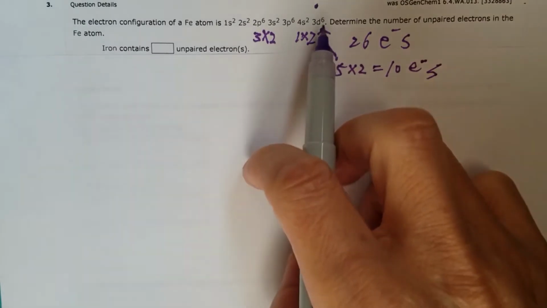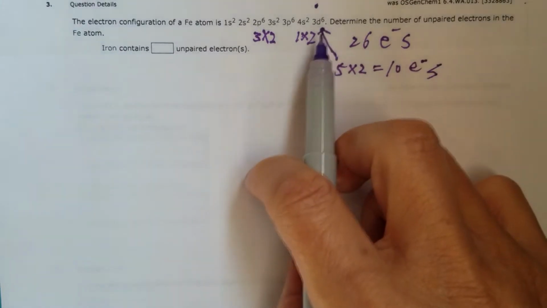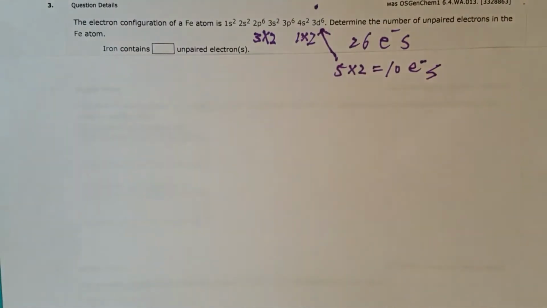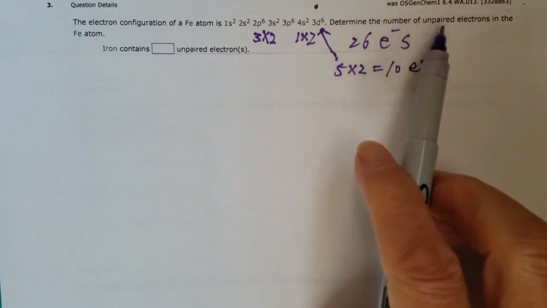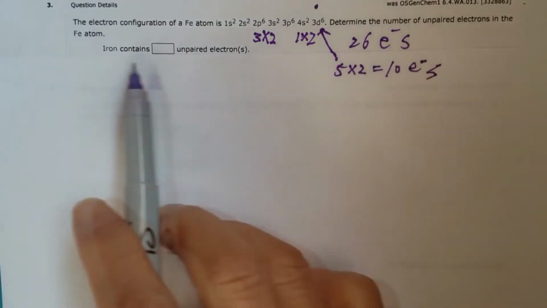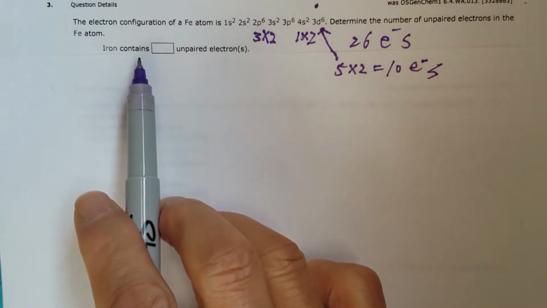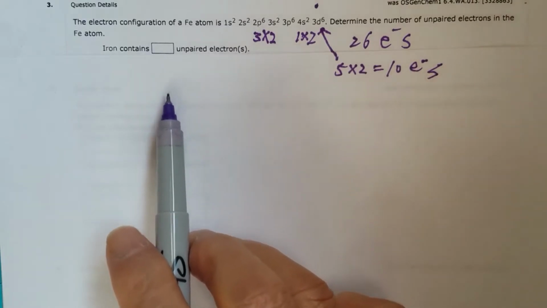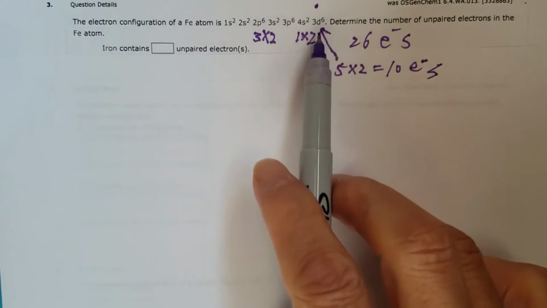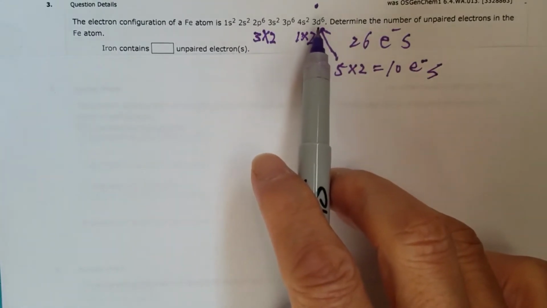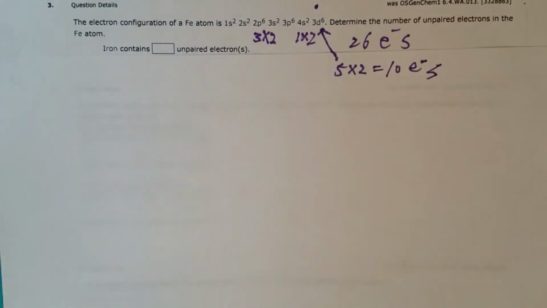So that's what we are going to do now: determine the number of unpaired electrons in the iron atom, in other words, see how many unpaired electrons end up in this atomic electron configuration.